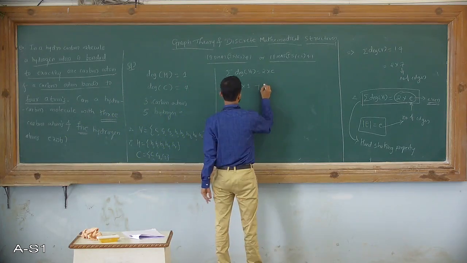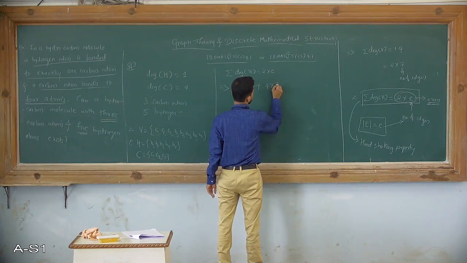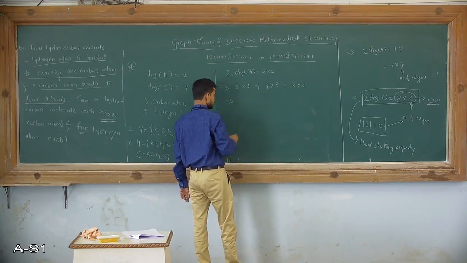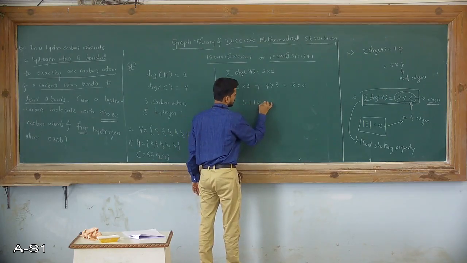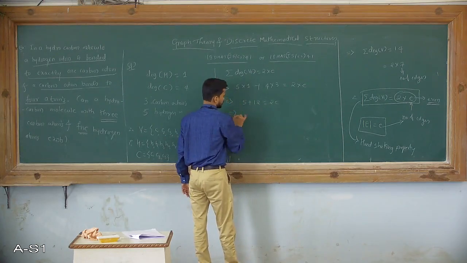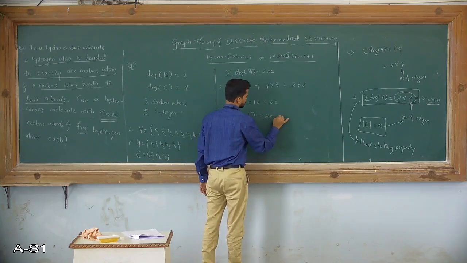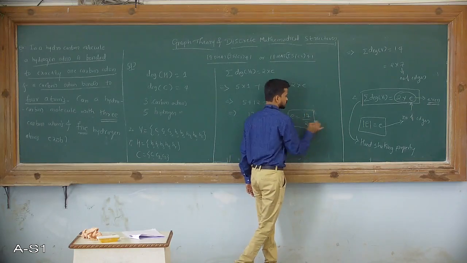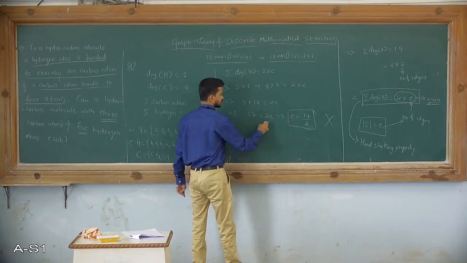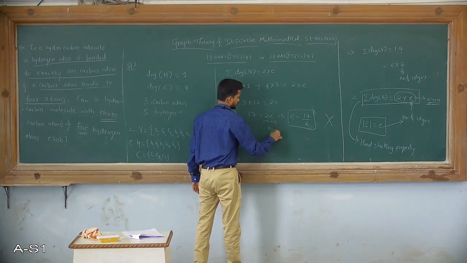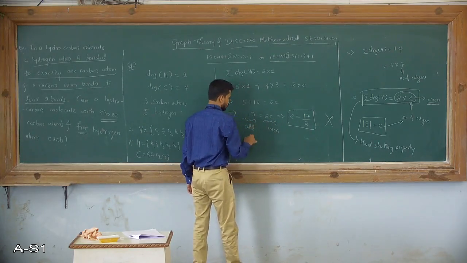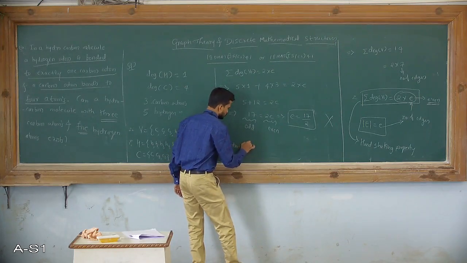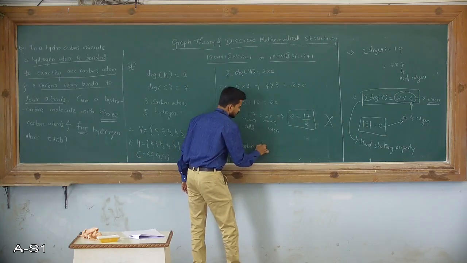So 4 into 3, is equal to 2 times E, which implies 5 plus 12 is equal to 2E, which implies 17 is equal to 2E, which implies E is equal to 17 divided by 2. This is not possible because the left side is odd and the right side is even. Therefore, the hydrocarbon molecule does not exist.